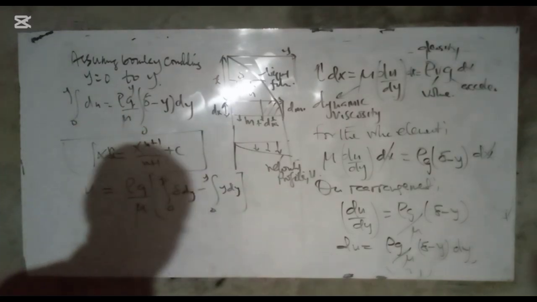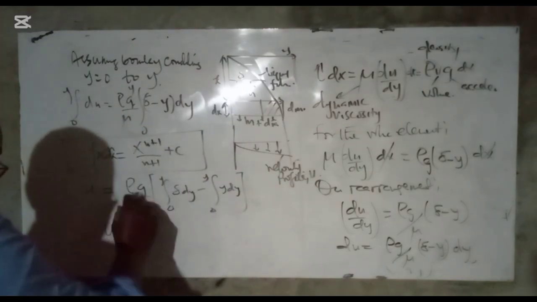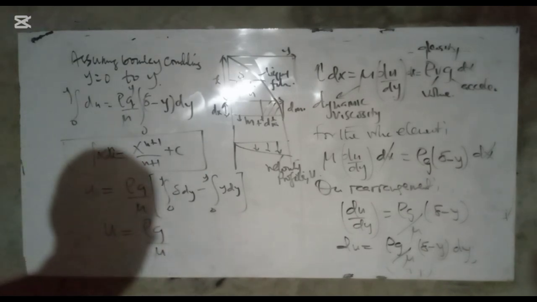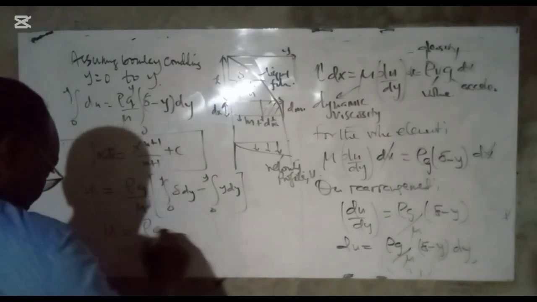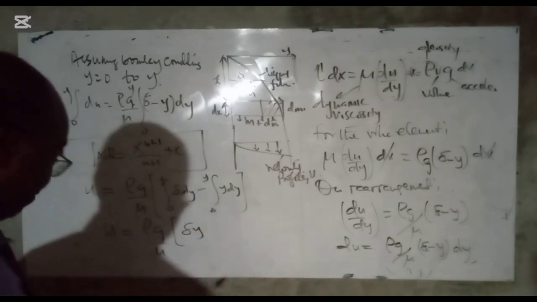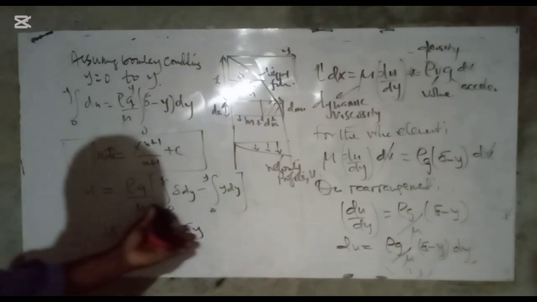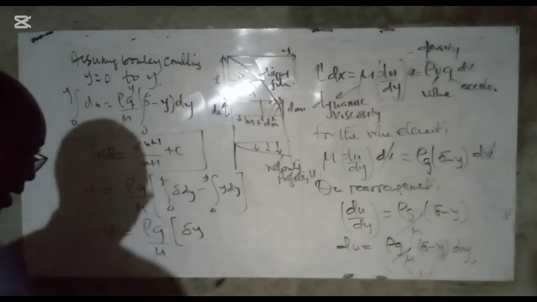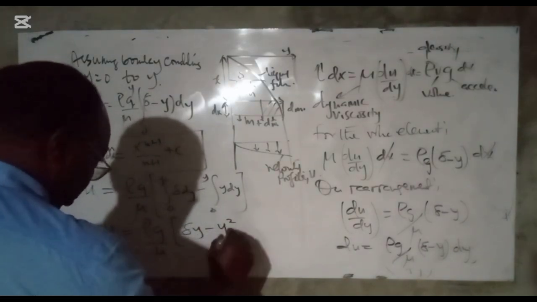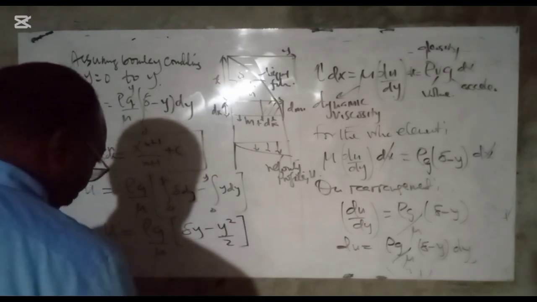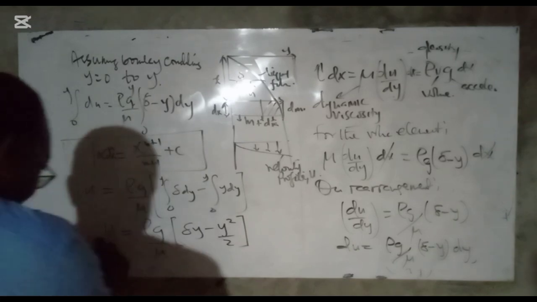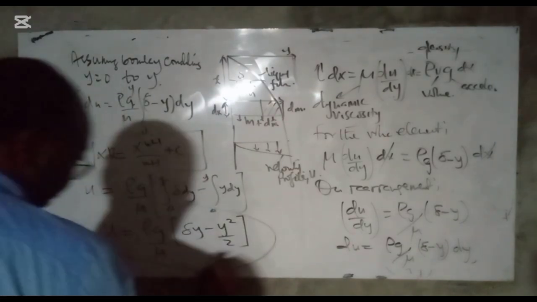So using that identity, u will be rho g over dynamic viscosity times sigma y. Remember, where we have sigma 0 is 0, so that we have sigma y minus y squared over 2. This is the expression for the velocity profile.